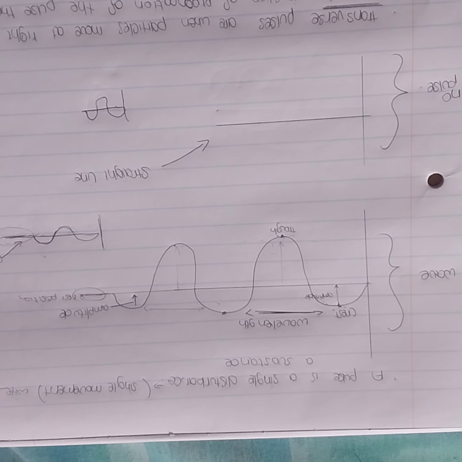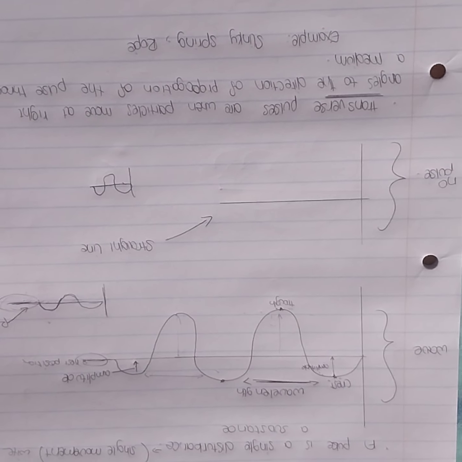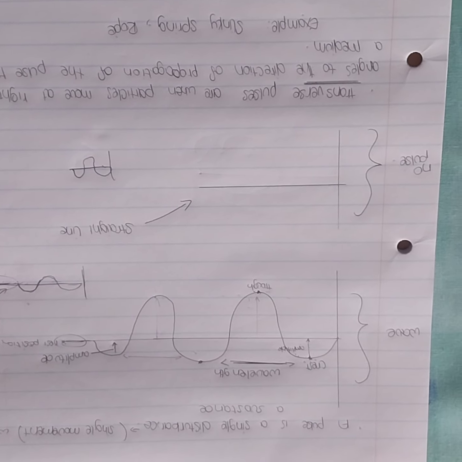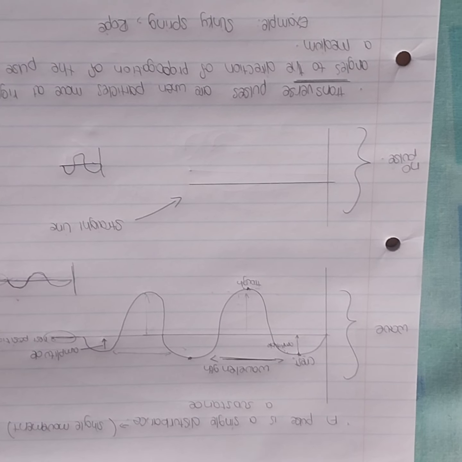Okay, let's move on. Now, this long definition I got from my textbook. It says that transverse pulses are when particles move at right angles to the direction of propagation of the pulse through a medium. Some of you might say it's just taking out words and putting in your own words.